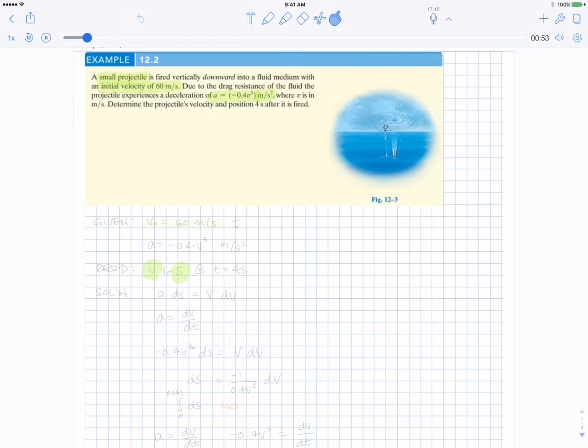So again, what are we given? So we know it's a small projectile. I won't write that down. But the initial velocity is 60 meters per second. And we'll take positive going down. And we're also given the equation for the acceleration is minus 0.4 v cubed in meters per second squared.